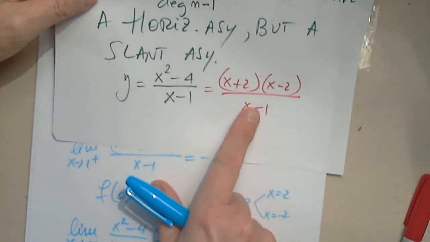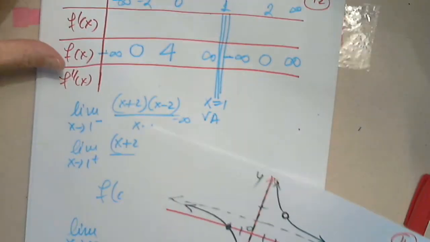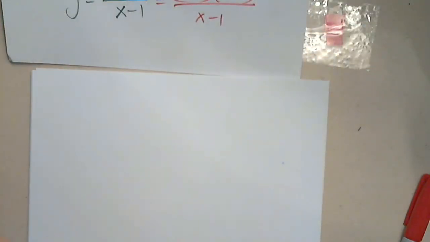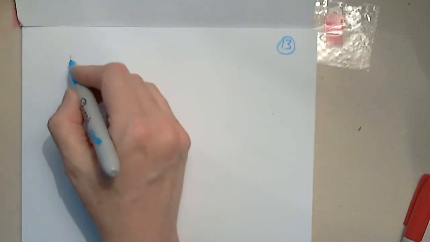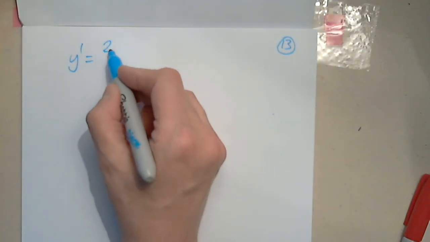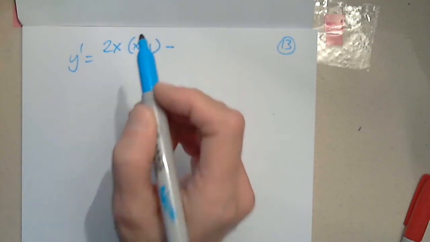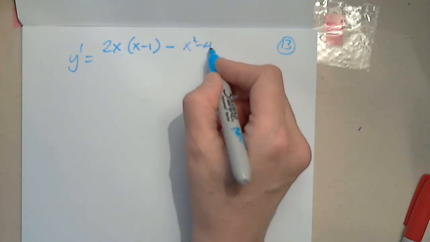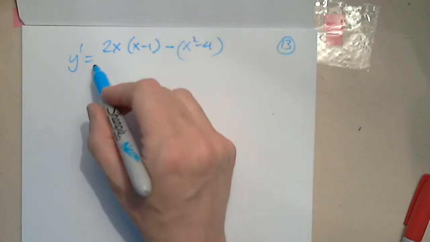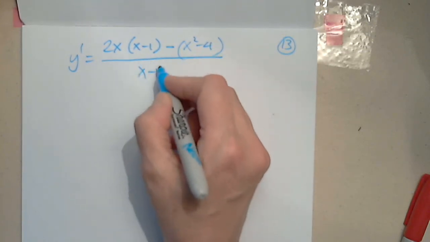Yes, I'm not going to use this, I'm going to use this. So let's take a look. So the first derivative: top prime minus top, times the denominator prime, which is 1, over x minus 1 squared.